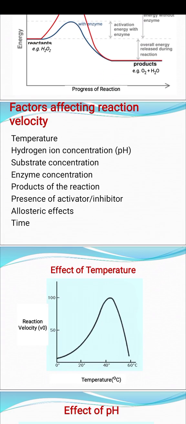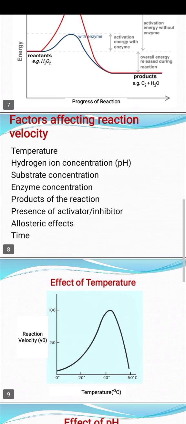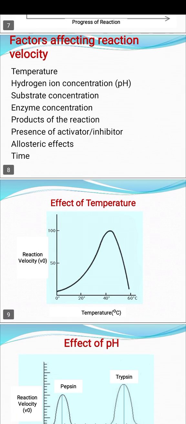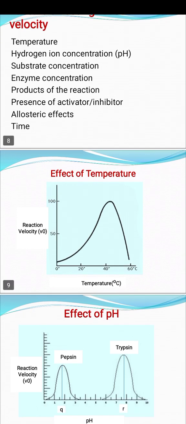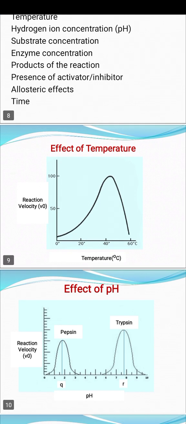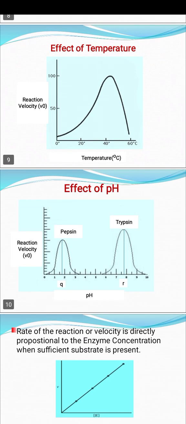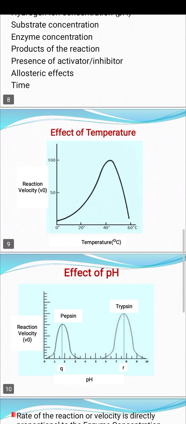Okay, then we see the factors affecting reaction velocity. First is temperature. Each enzyme has an optimum temperature at which it works best. If the temperature rises above a certain point, it loses its three-dimensional structure.